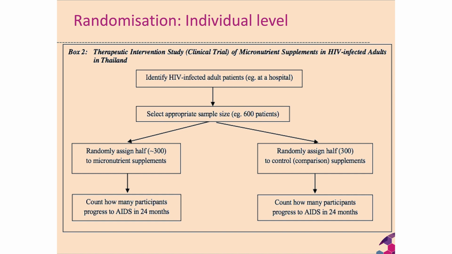And in this case, they've chosen 600 patients from the hospital, and they've then randomly assigned 300 to get the vitamin micronutrient supplements and the other half to not get anything, to get a control supplement, a fake placebo tablet. And then over 24 months they count how many participants get AIDS.